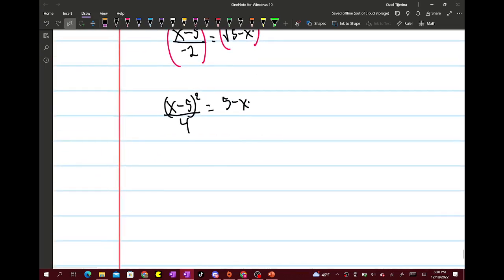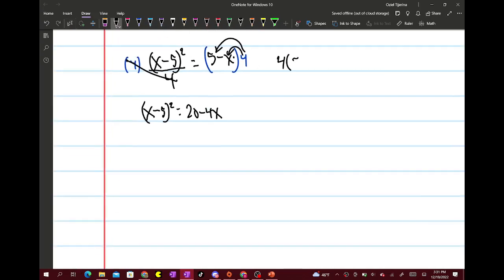Now, this would be times 4 on both sides, and this would be x minus 5 quantity squared equals 20 minus 4x, right? So you're just distributing the 4 in over here, right? It's really 4 times 5 minus x, and you distribute it.